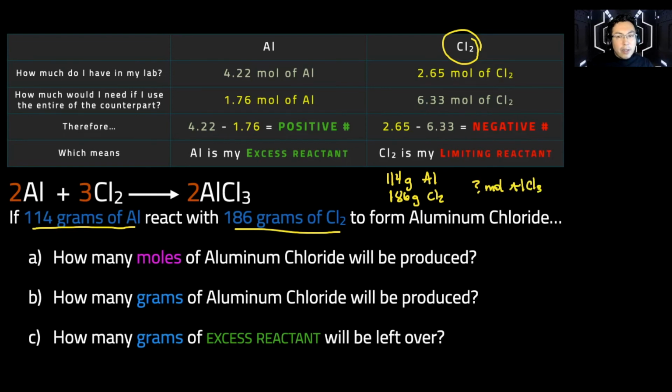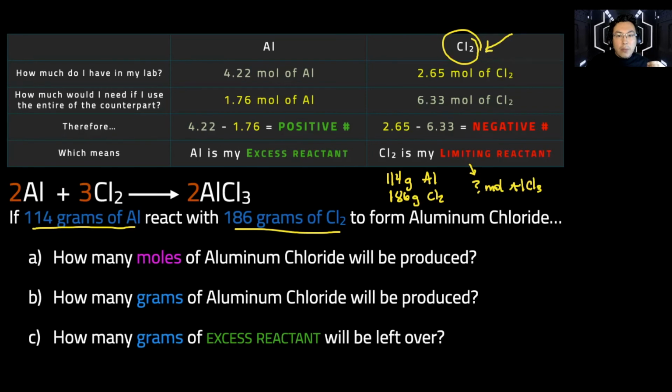Does this look familiar? You have a known substance and you have an unknown substance, which is this one. But in this case, you have two different options for known substances, so you need to define which one you're going to use. In our example, chlorine is the limiting reactant, so this is the one we're going to use.